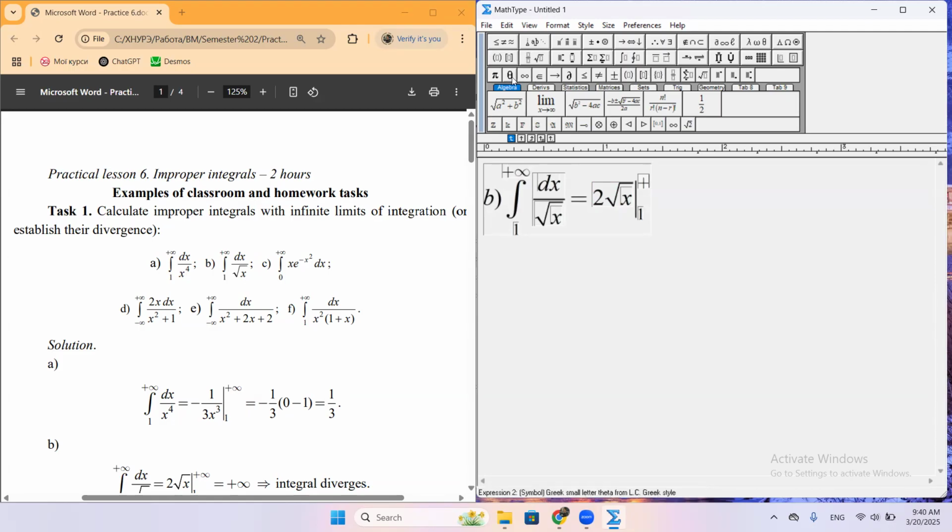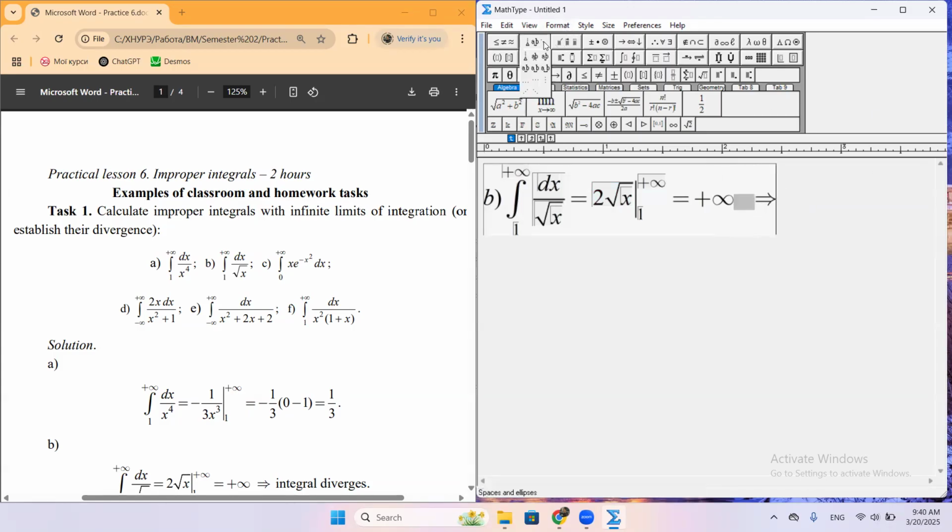And what do we actually have here? If we substitute infinity, we have infinity plus 1, and it will be equal to plus infinity. So it means that this integral doesn't converge, so it diverges.